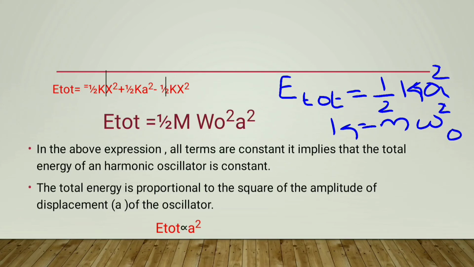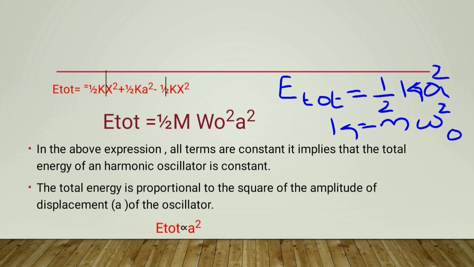And from the equation we can see that the total energy is directly proportional to the square of the amplitude of the oscillator, that is E total directly proportional to a square.